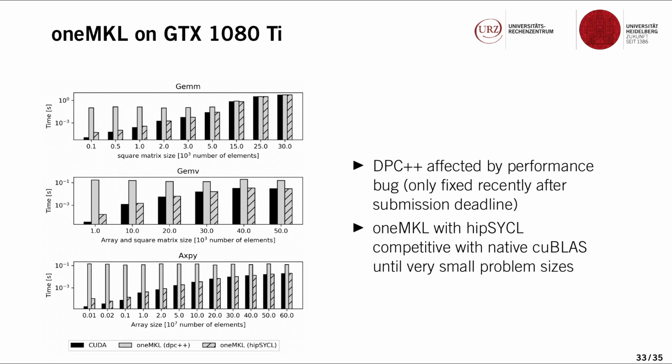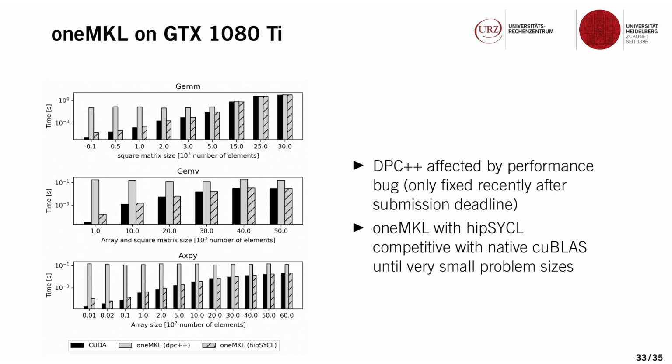What we are seeing here is performance results on GTX 1080 Ti for matrix multiplication, matrix vector multiplication, and an axpy operation. So we have level 3, level 2, and level 1 BLAS operations here. And we have results for CUDA, so that's basically cuBLAS, then oneMKL using the DPC++ CUDA backend, and oneMKL using hipSYCL. And what we see is that the oneMKL using DPC++ is affected by a performance bug that was causing a constant overhead in runtimes, which was only fixed recently after the submission deadline.